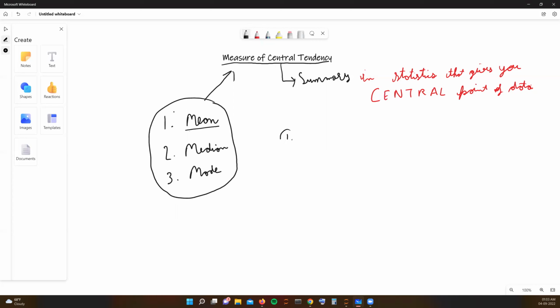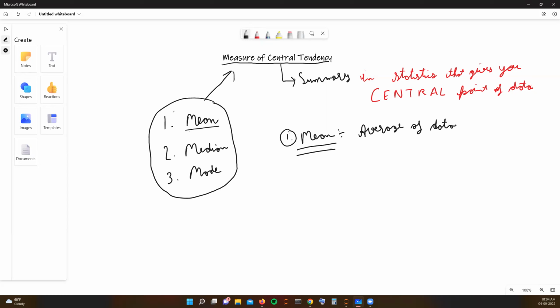Mean is basically the average of the data, as the name itself represents. And how to find this particular mean depends on whether we are dealing with sample data or population data; your formula notation for calculating mean will change.